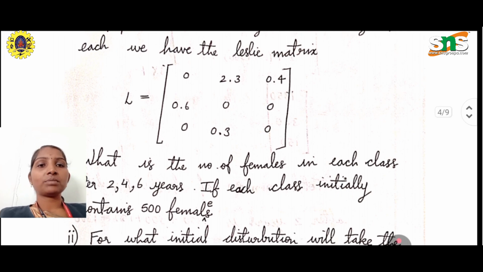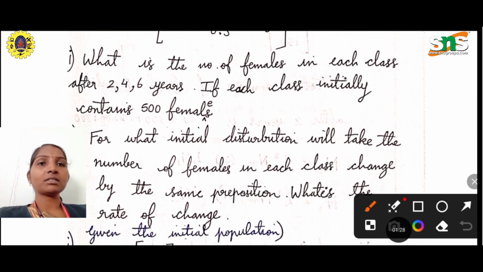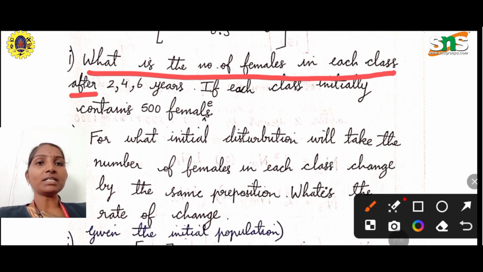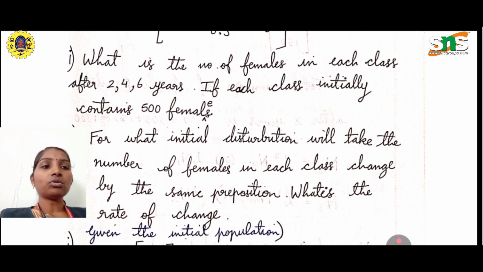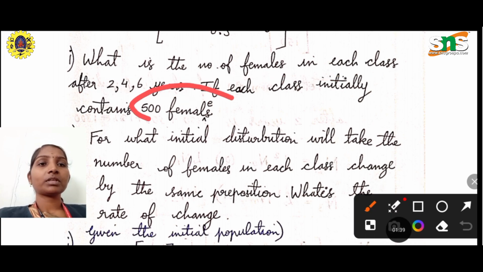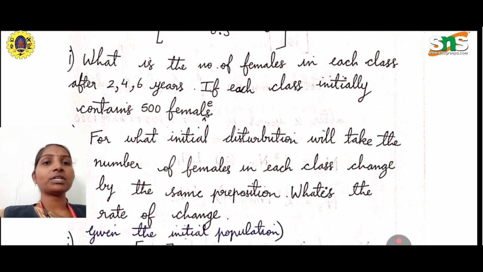What is our question? What is the total number of females in each class after 2, 4 and 6 years, if each class initially contains 500 females? So in the initial case, N0, each of the classes is 500. What will happen to the females after 2 years, after 4 years and after 6 years?